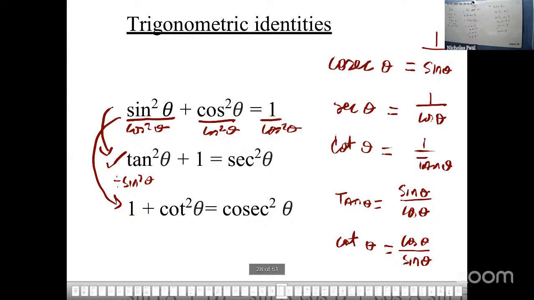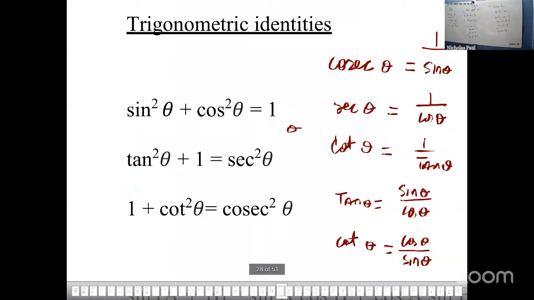Let's try two identities. I'll give you a proof. Right, prove that this is equal to that.